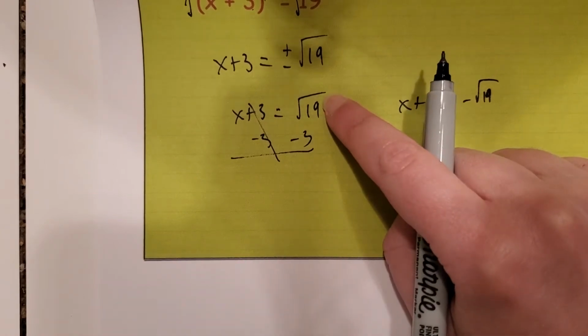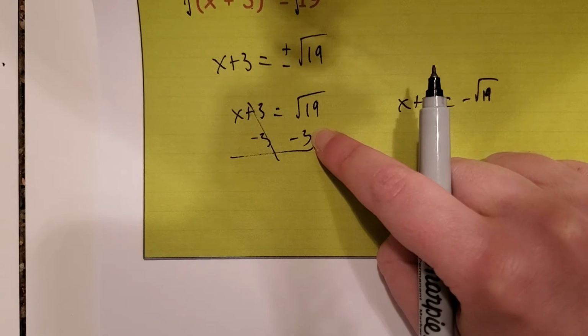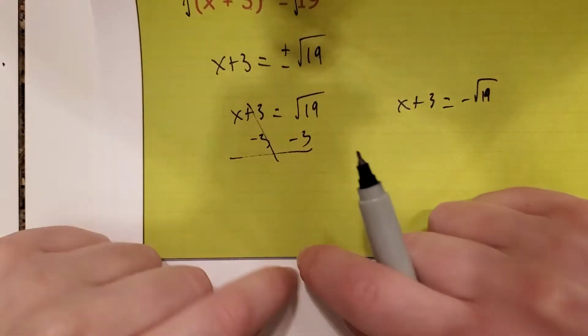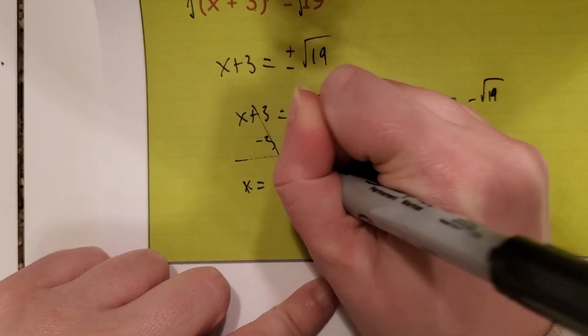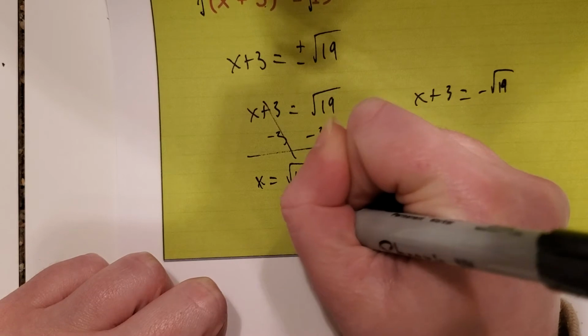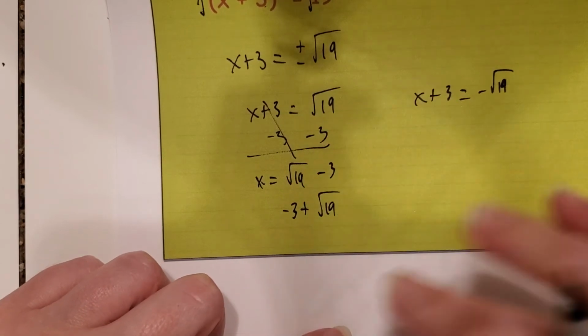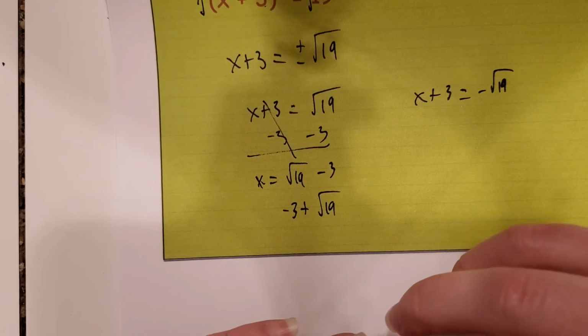If one number has a radical and the other one doesn't, you have to keep them separate. Something like x equals the square root of 19 minus 3, or negative 3 plus the square root of 19. As long as you're careful with the signs, the order doesn't really matter.